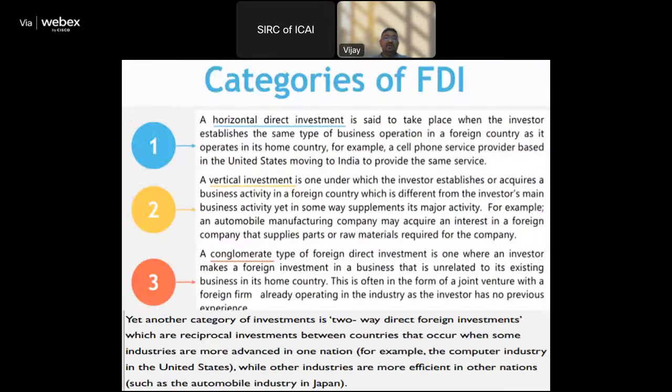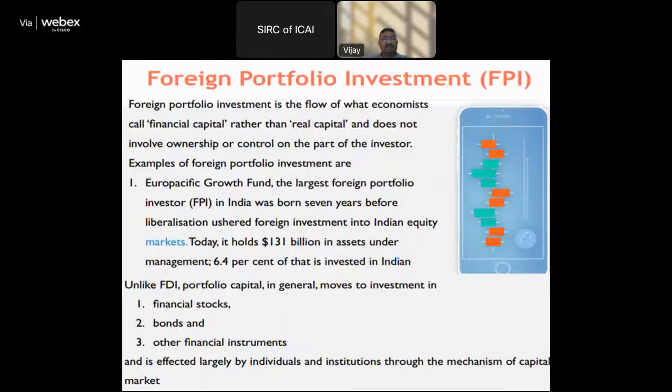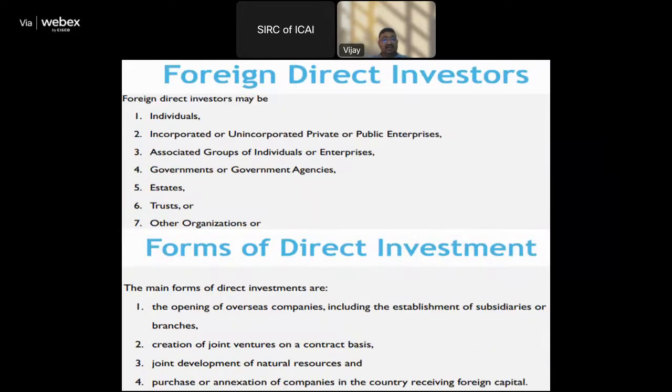Foreign direct investment is where I invest, that is, I'm starting a new company, creating a joint venture, or jointly developing natural resources. These all amount to direct investment. If I'm buying shares of a foreign company, that amounts to foreign portfolio investment.